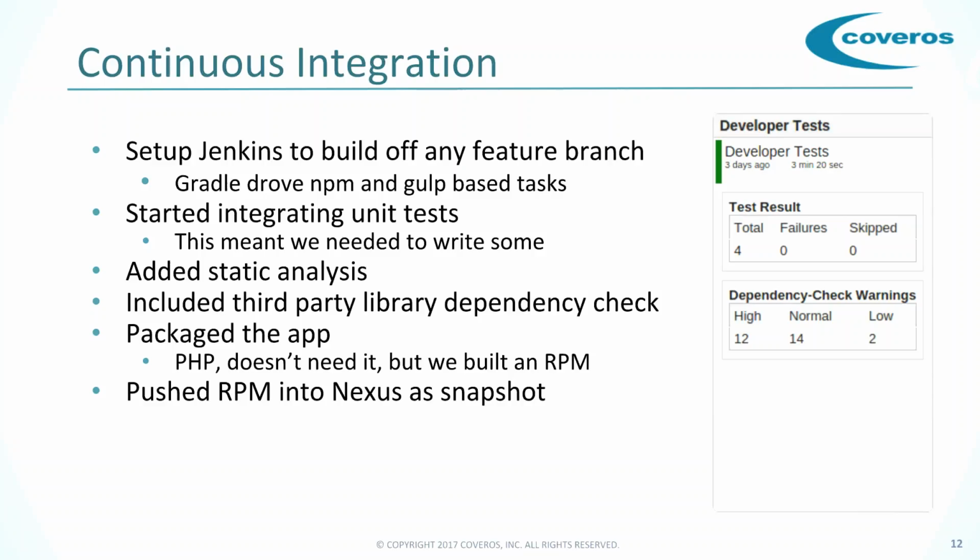At this point, we were not failing our build based on open third-party library issues. We were failing it if our technical debt went up or if our number of unit tests went down. Actually, I believe it's if our number of unit tests didn't go up. But we were more interested in just making sure that we were aware of the number of issues we had, so that we could figure out what we need to remediate and what is okay for us to leave in there.